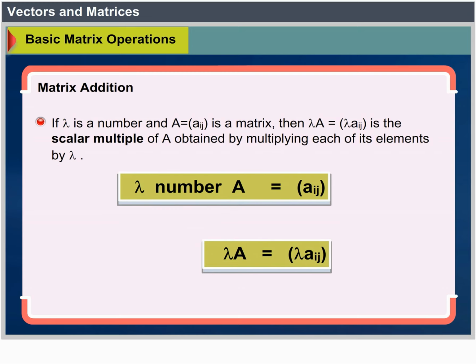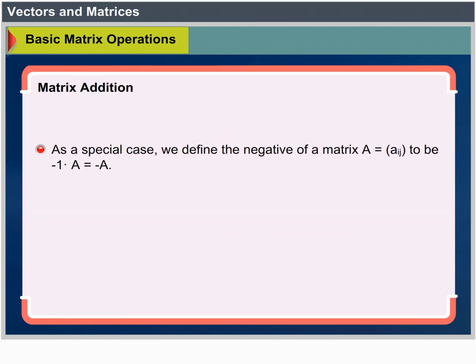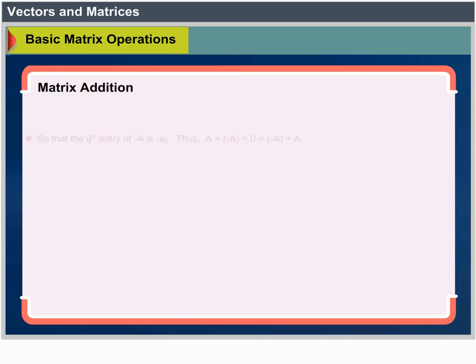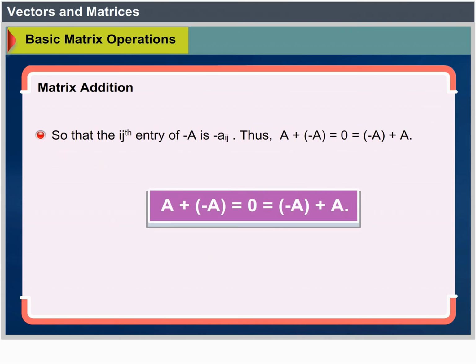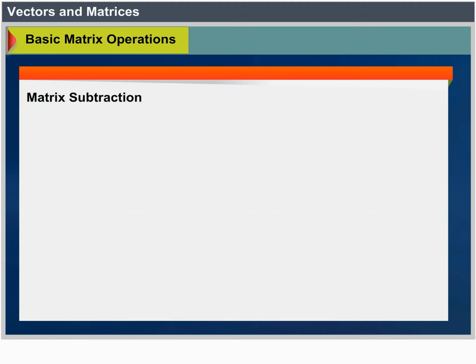As a special case, we define the negative of a matrix A equal to (Aij) to be minus 1 times A equal to minus A, so that the ijth entry of minus A is minus Aij. Thus, A plus (minus A) equal to 0 equal to (minus A) plus A. Matrix subtraction: A minus B equal to A plus (minus B).